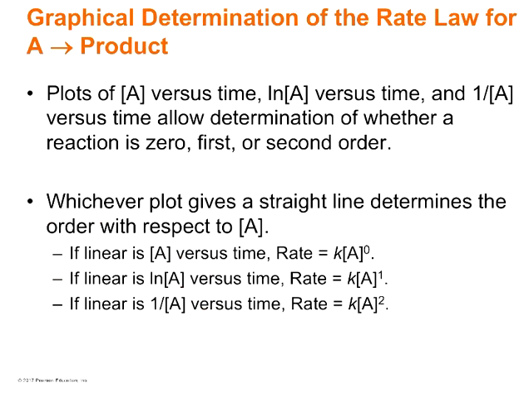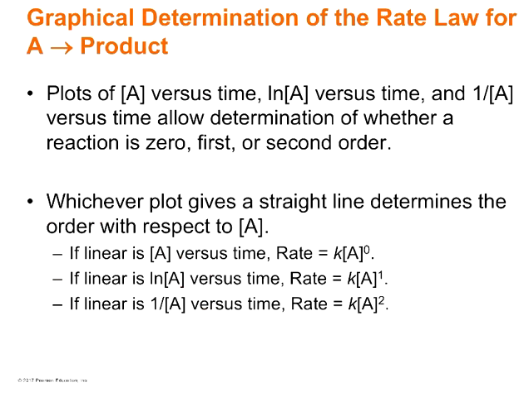Okay, so if we're trying to determine the rate law for a reaction where A is becoming products, we can plot the concentration of A versus time, and then plot the natural log of the concentration of A versus time, and then also plot 1 over the concentration of A versus time.